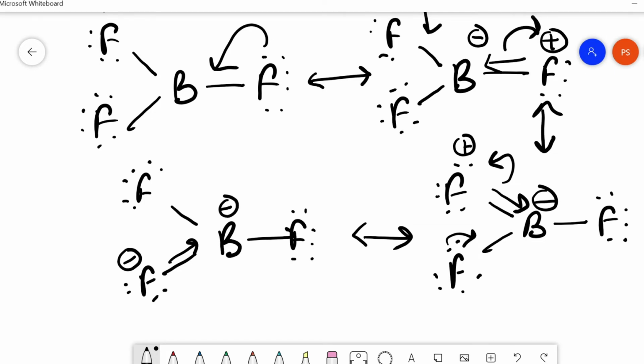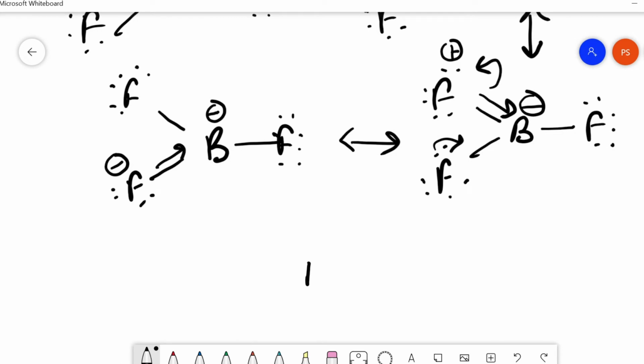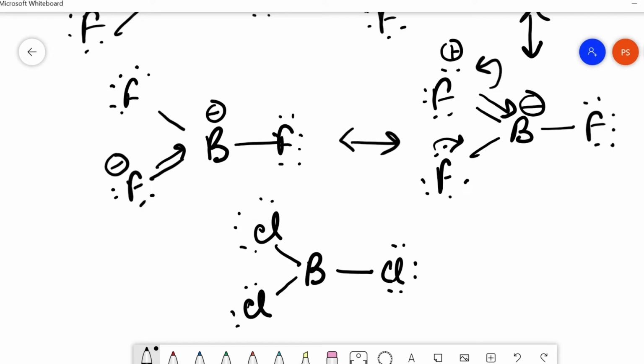This is not as much feasible for the BCl3 molecule. This back donation from the chlorine atom, which also has a lone pair of electrons, is not as feasible as in the BF3 molecule, because chlorine has a bulkier size compared to the smaller boron atom, which makes this back donation quite difficult.